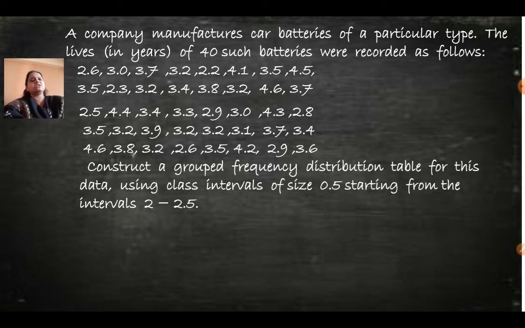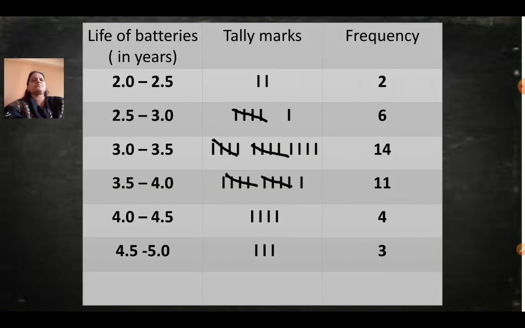If you use any other class intervals or a different class width, say 2 to 3, 3 to 4, maybe according to your classes the frequency will be the same, but you will get 0 for that. So read the question carefully and then take the class intervals. Now check the answer.